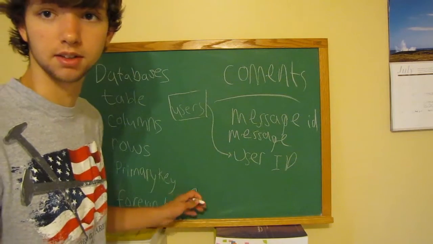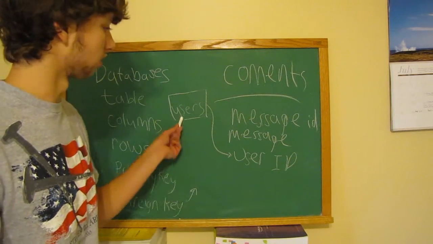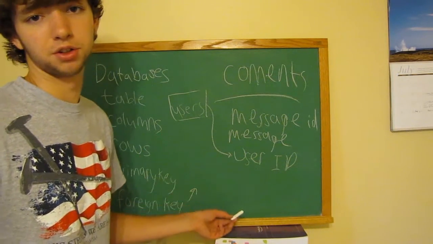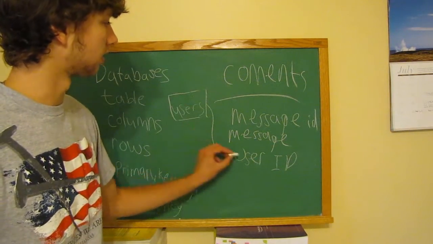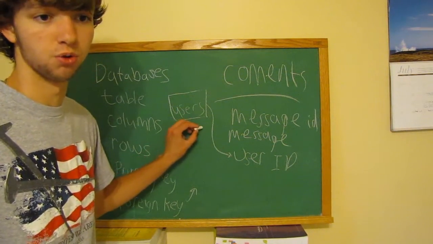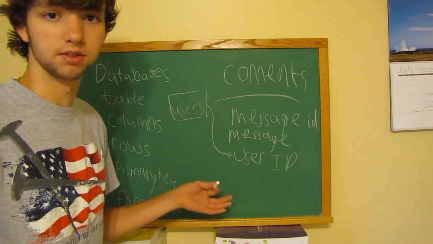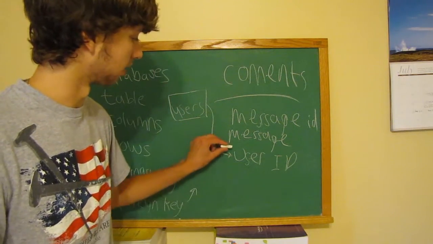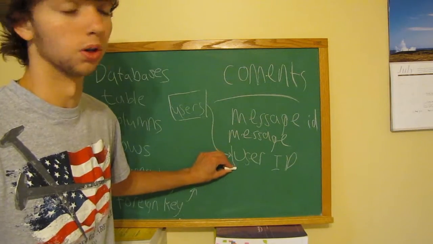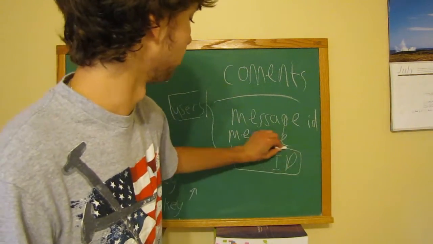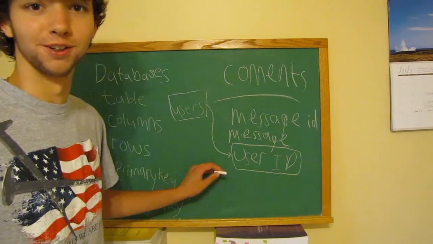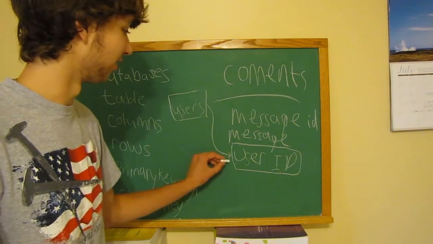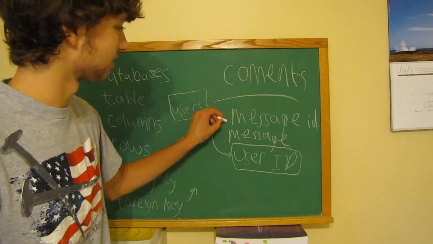That way everything stays consistent. If there's a change over here, it'll change over here. There shouldn't be a change, that's another thing. But these connect, so it reduces the chance of screwing something up and having incorrect or unorganized data. So this right here is a primary key. No, foreign key, sorry. This here is a foreign key. This is a primary key.